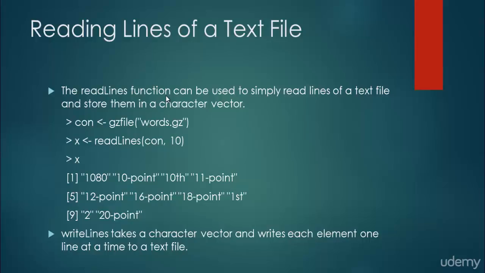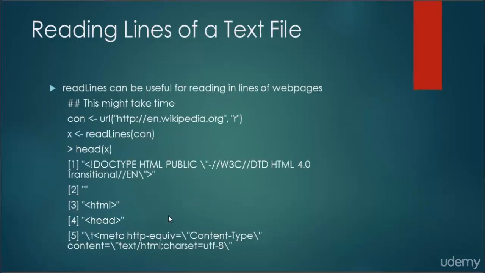This readLines will help you. The number of lines also you can specify. Here it is indicated as 10, so that only 10 lines are read. Same as dput and dget, we have a counterpart for readLines as well, which is called writeLines, and it takes a character vector and writes each element one line at a time into a text file.